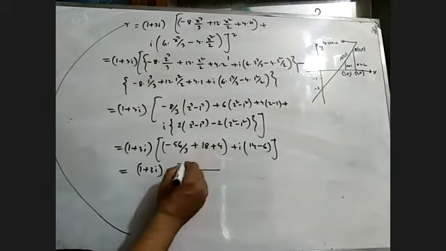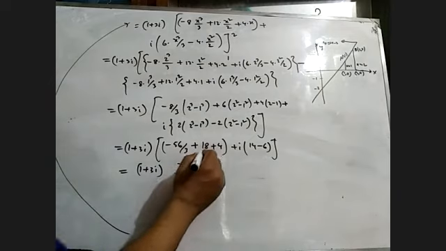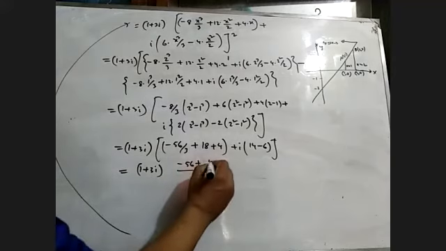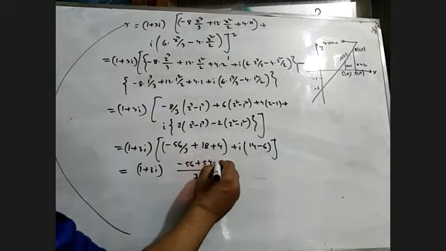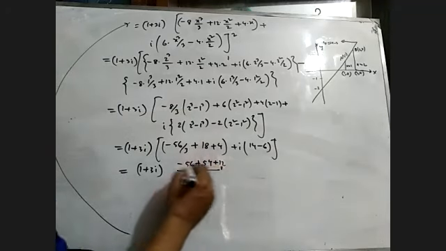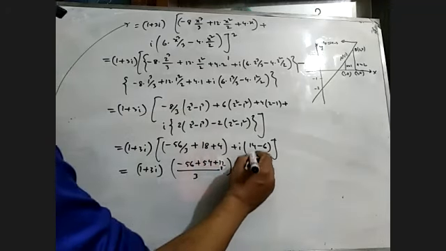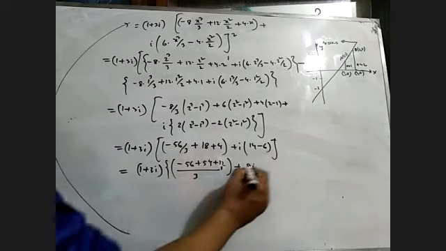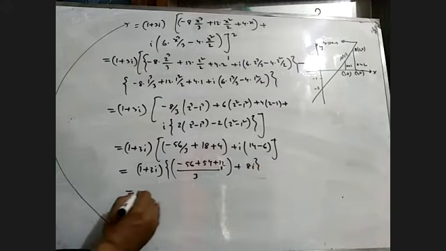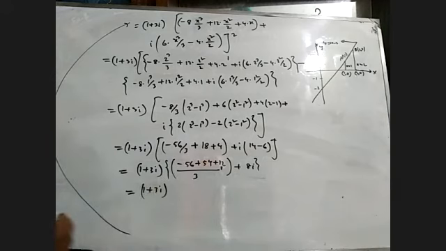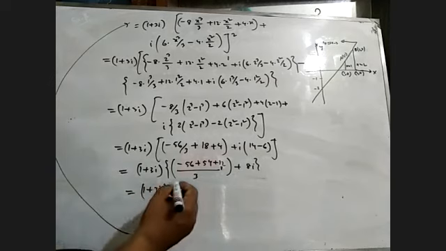LCM. Minus 56. 3 multiply 18 what? 54 plus 4, sorry, 12. This will be what? 8i. Now minus 56 plus 54 plus 12, what will be? Minus 14 maybe.